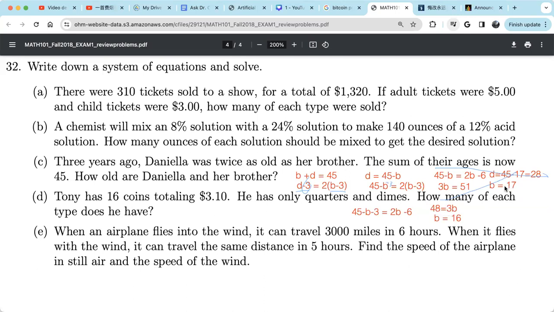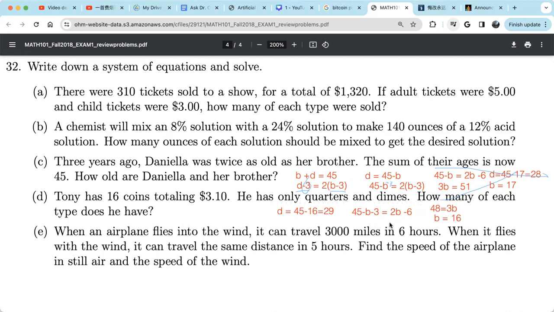Now let's try again. So if her brother is 16, Daniela is 45 minus 16, which is 29. Right, because 16 plus 29 makes 45. Okay, still not right.